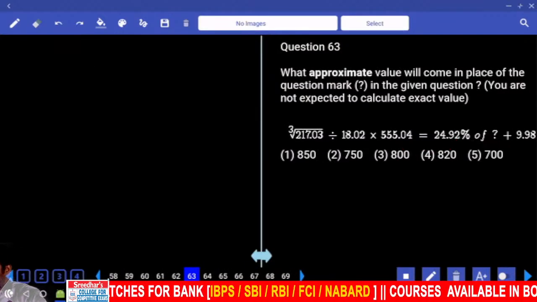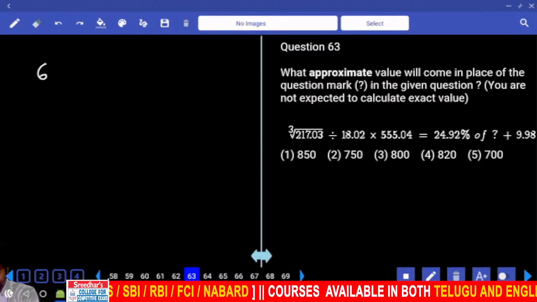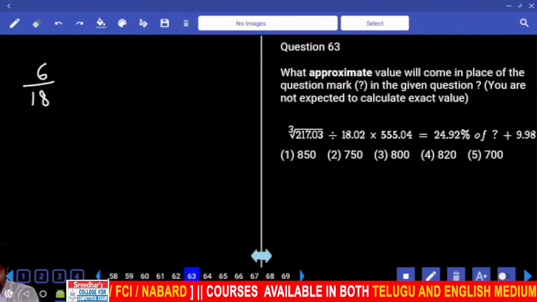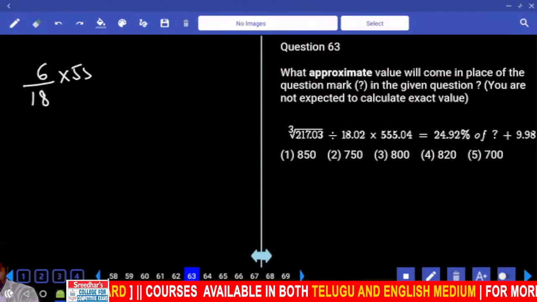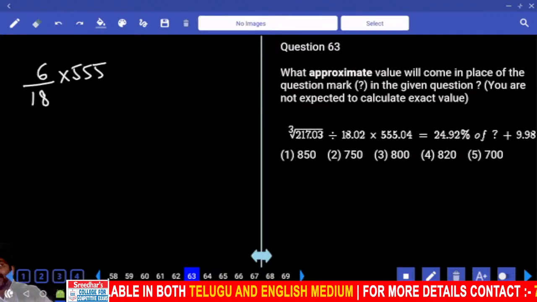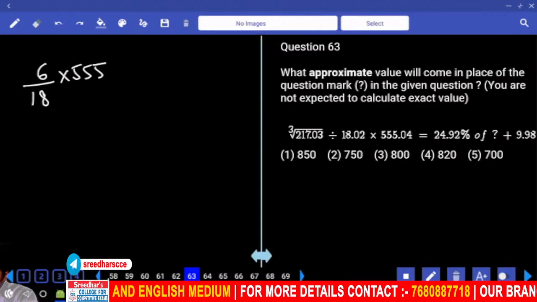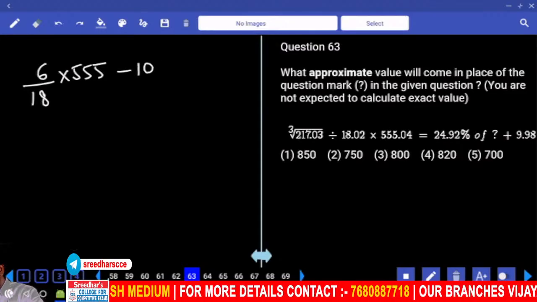217. 6 cube is 216. Cube root of 6 cube. 6 divided by 18 into 555 is equal to 25% of x plus 10. Correct? Take plus 10 to the left hand side, that becomes minus 10.